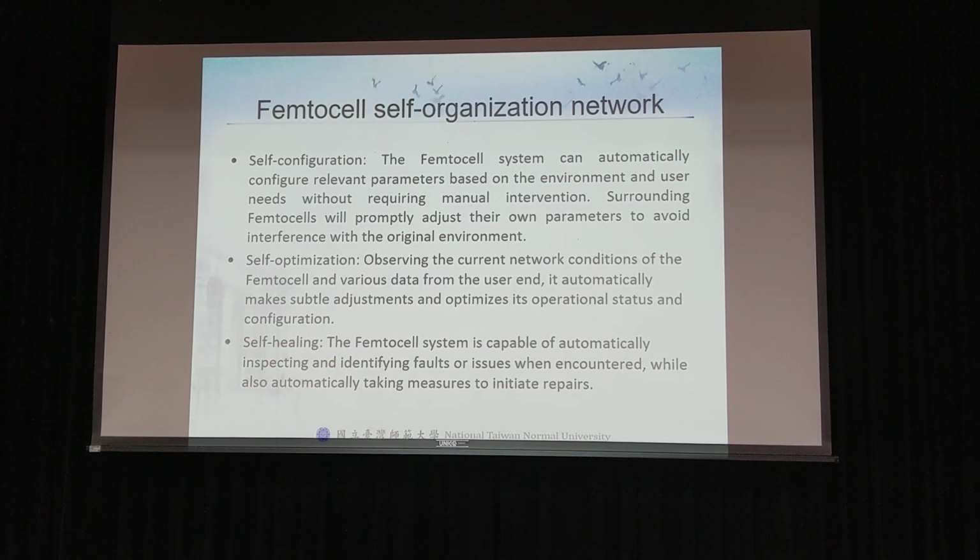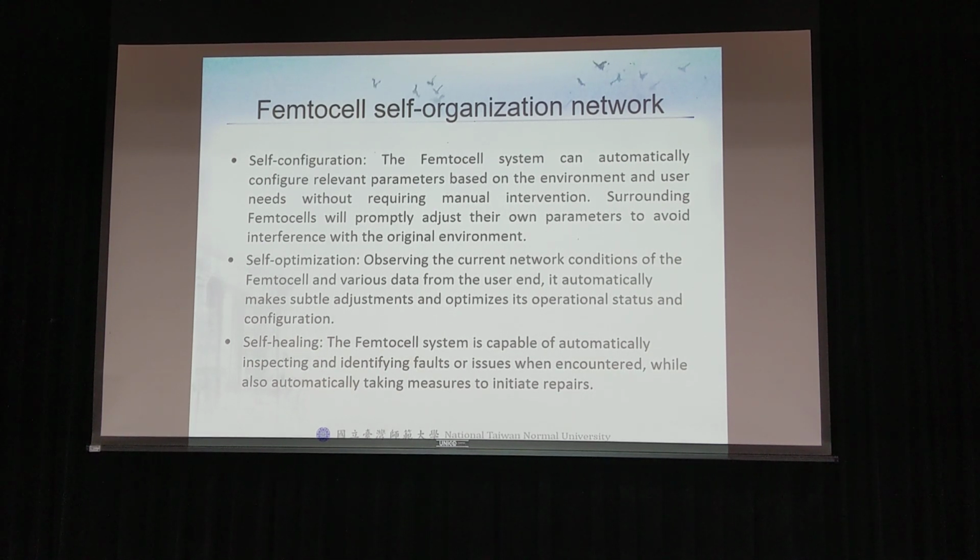And next is self-organization network. This also has three characteristics. The first one is self-configuration, the second one is self-optimization, and the third one is self-healing. Respectively, self-configuration can automatically configure the relevant parameters based on the environment and user's need, without requiring manual intervention.